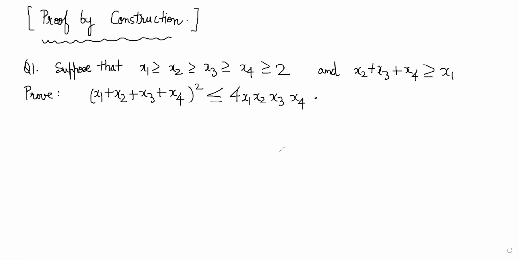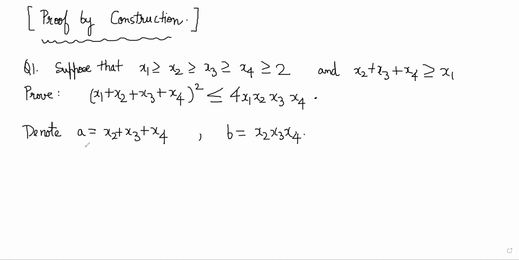So this is a problem. Obviously, you can try and approach it in many different ways, but we will look at it in a slightly unique way. So let's say we denote A by x2 plus x3 plus x4, and we call B as x2 x3 x4.